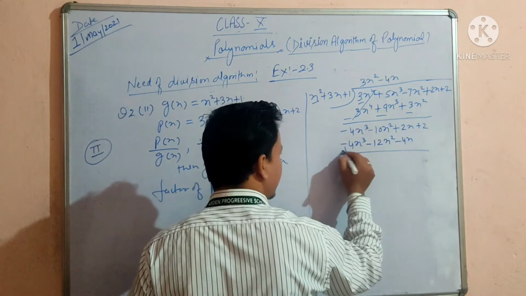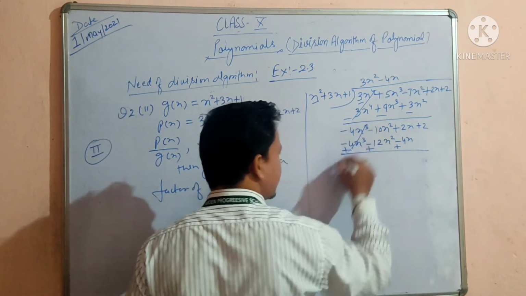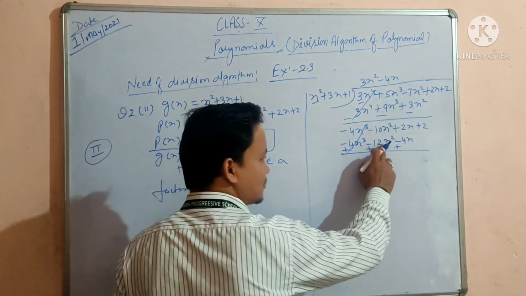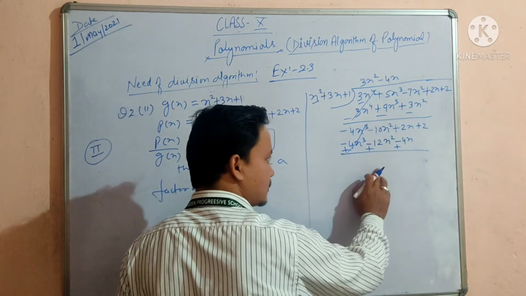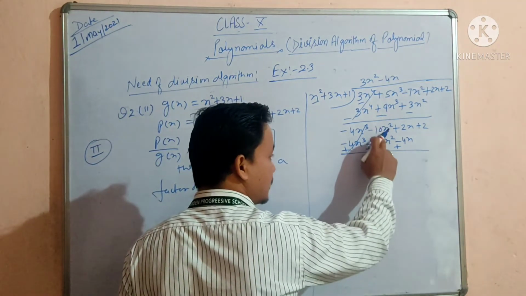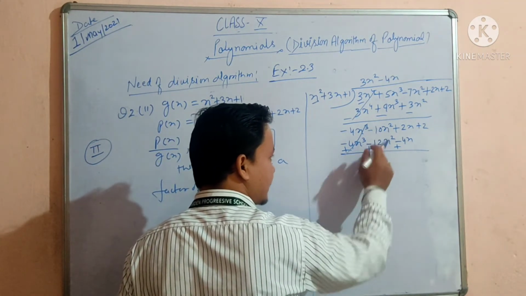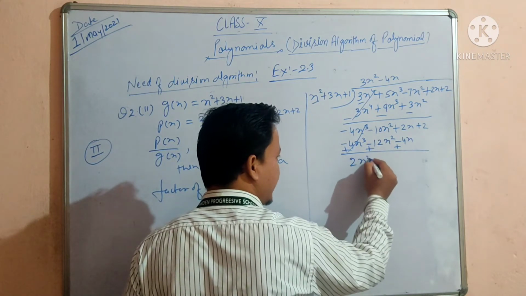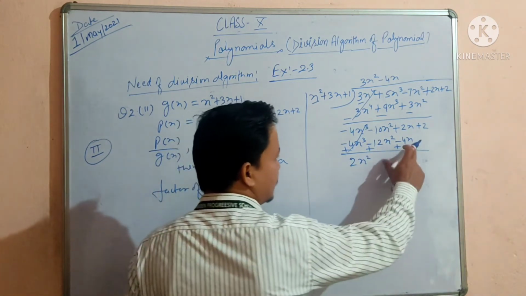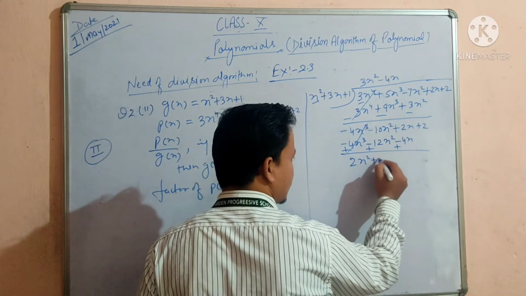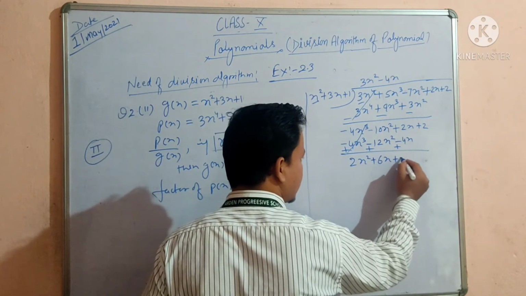On subtracting, the cubes cancel out. Plus 12x square minus 10x square, so how much will we get? Only 2x square, and plus 4x plus 2x, that is plus 6x, and plus 2.